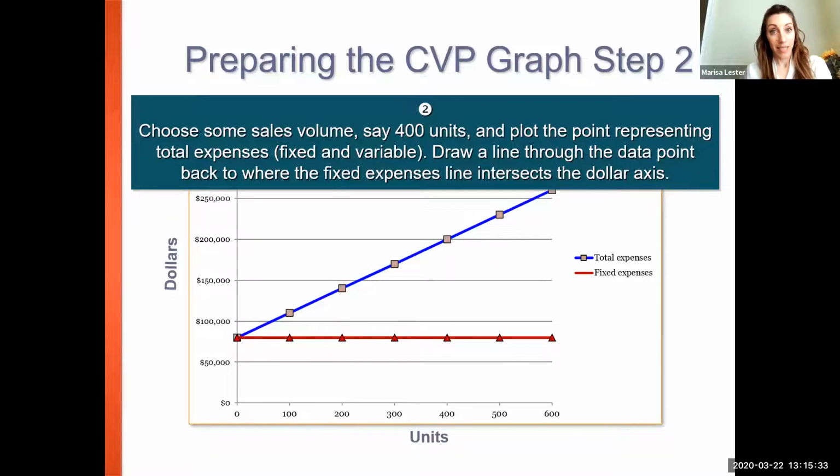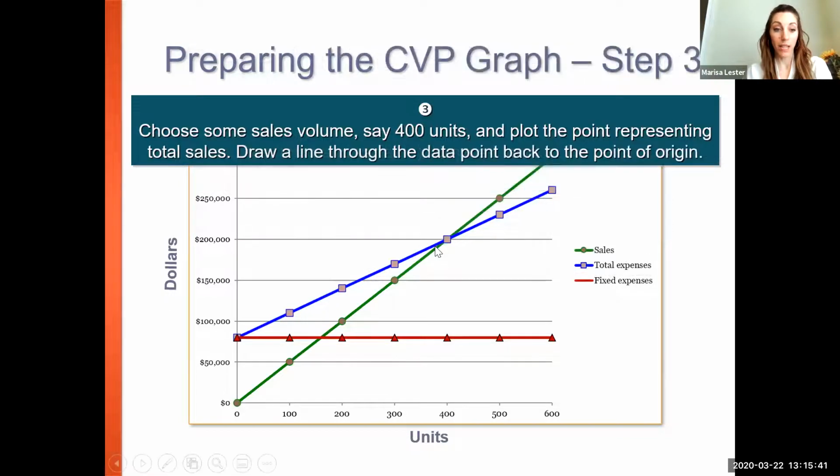And so I need sales in here too, right? So this blue line is really my fixed expenses plus my variable expenses. I need sales revenue. So the slope of this line is going to be 500, right? Change in Y over change in X. So every additional unit that I sell, I'm going to increase my sales dollars by 500.